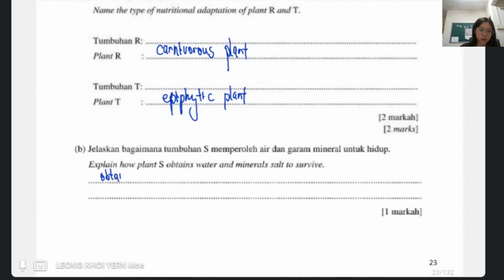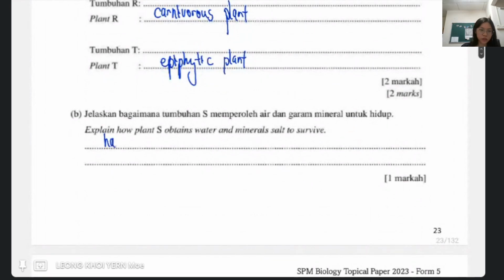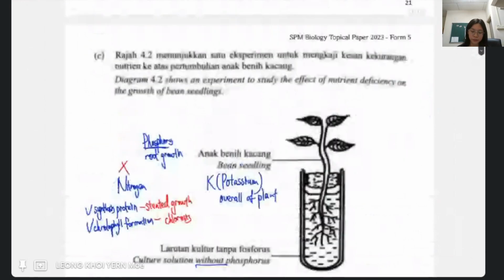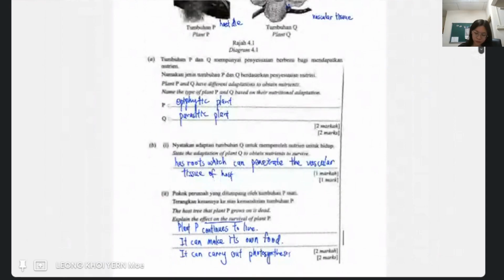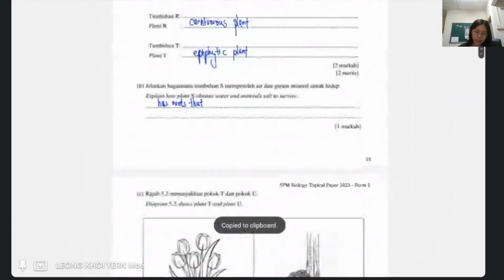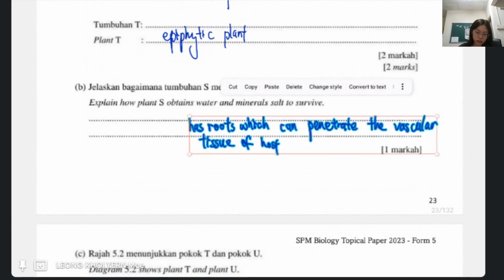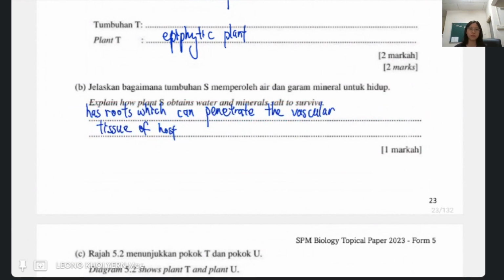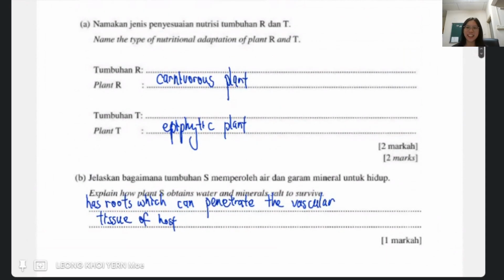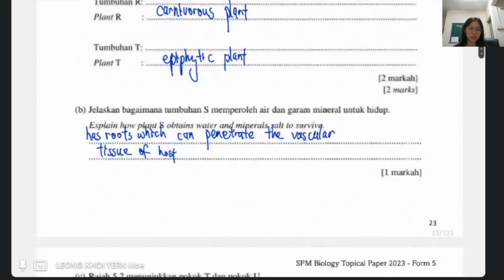It basically has roots that can penetrate the vascular tissue of the host, not stem, sorry. They basically just penetrate it to obtain water and mineral salts.